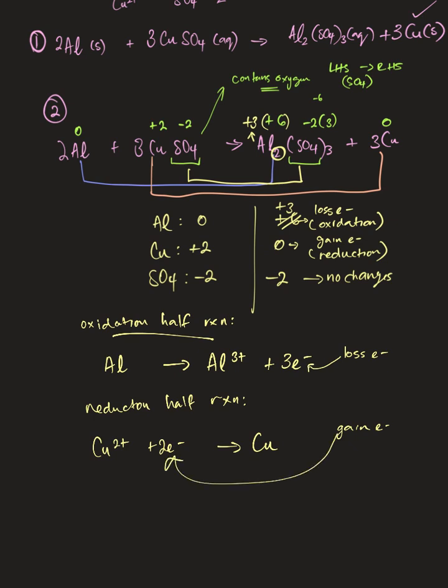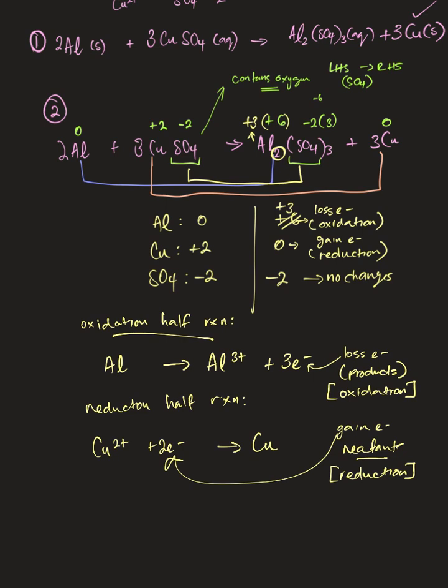If it's gaining, it's part of the reactants, so it has to be part of reduction. If it's losing, it must be part of the products, so I know that this must be oxidation. I'm saying the same things over and over because, as you may have noticed, things are getting a little bit hairy in these situations. So those are my 2 situations.